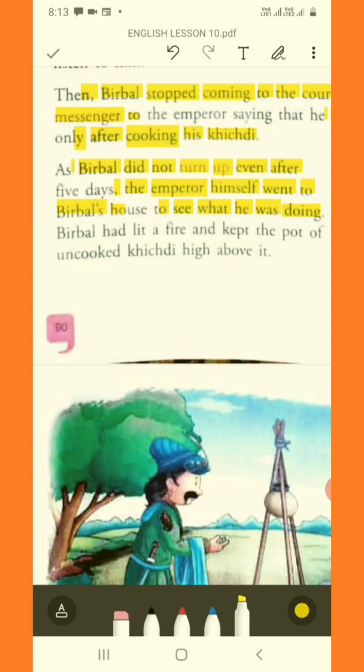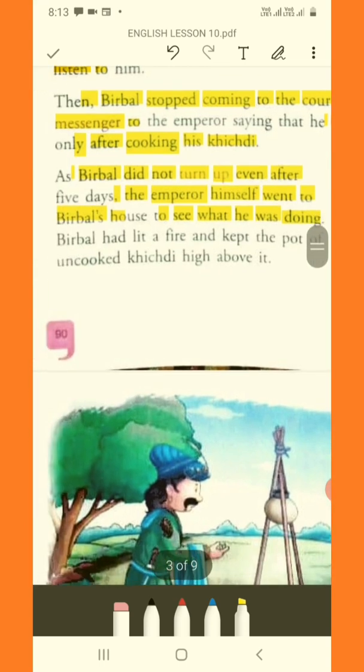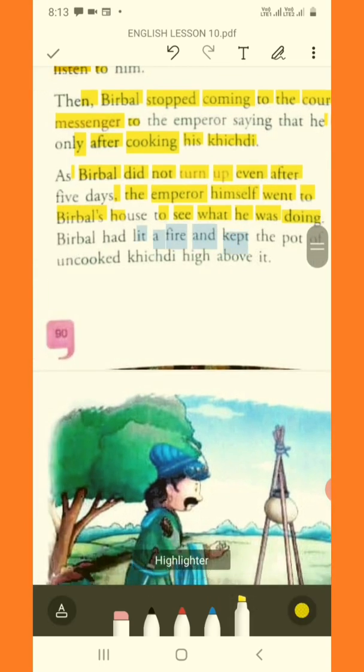And he observed something very strange. Birbal had lit a fire and kept the pot of uncooked khichdi high above it. So what did Birbal do?